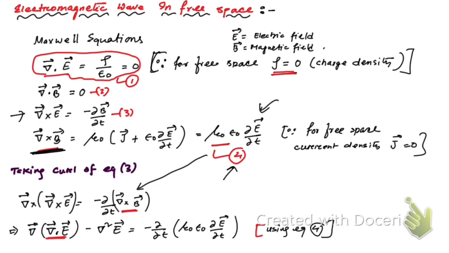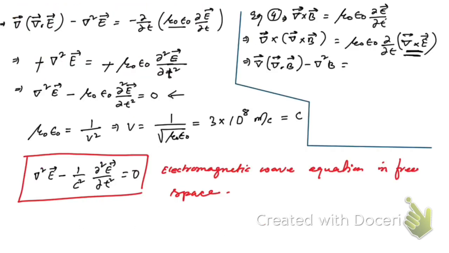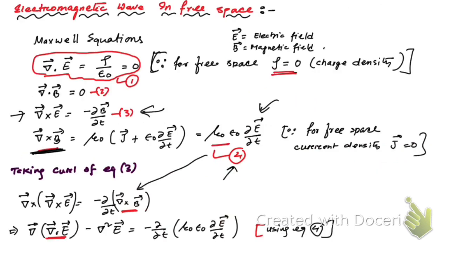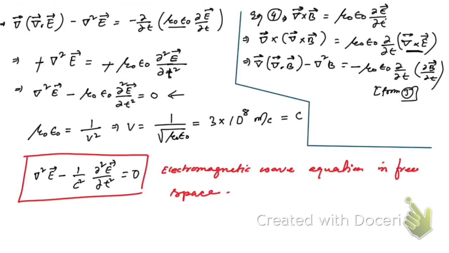So if we use this value here, then what we're going to have, we're going to take minus sign outside, then del T, then curl of E, we have got minus del B by del T, but minus sign is taken out already here, right? So that's what we have got. This is from equation number 3. Okay, so now again del dot B is 0.